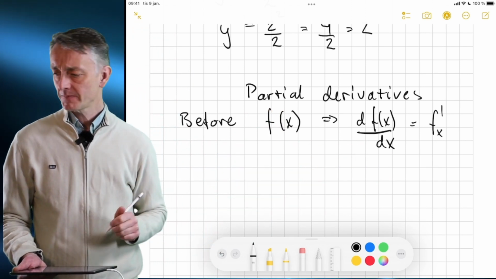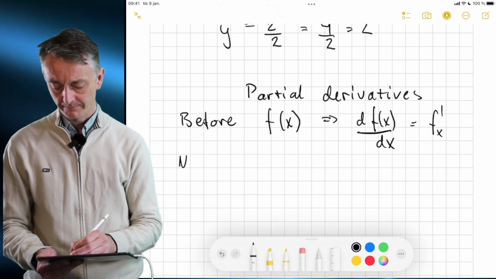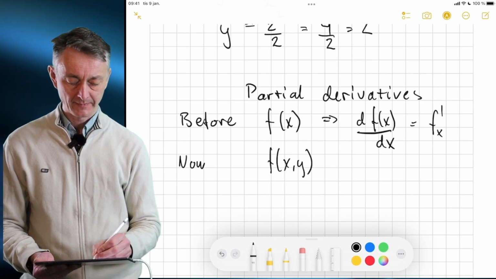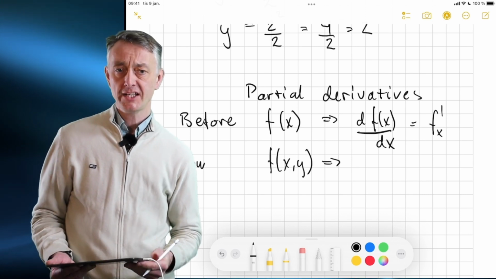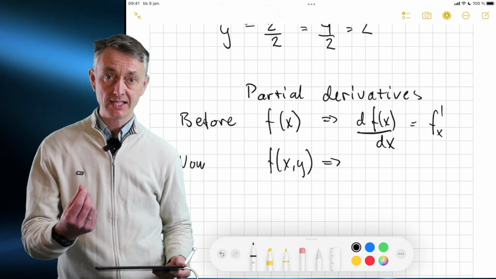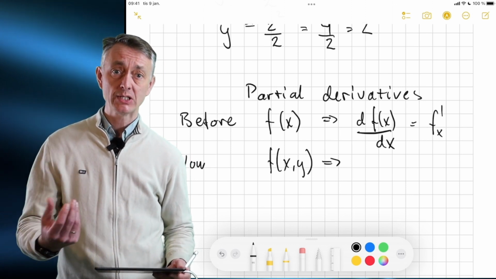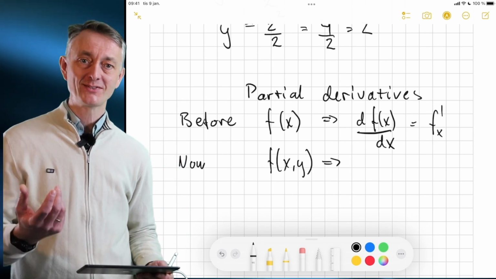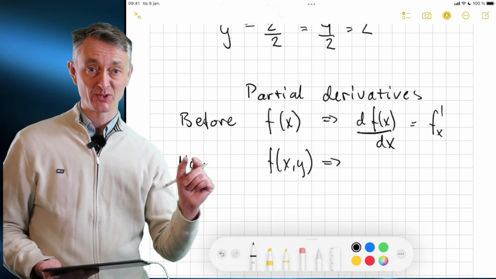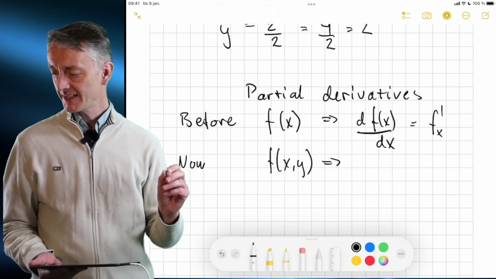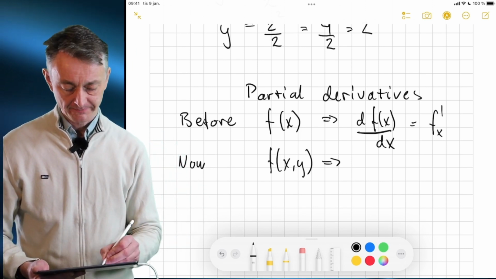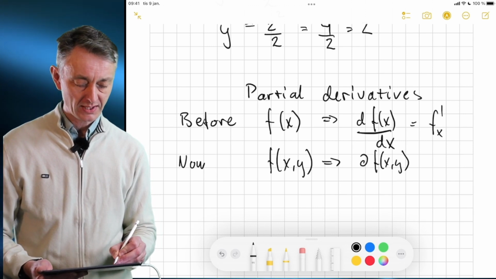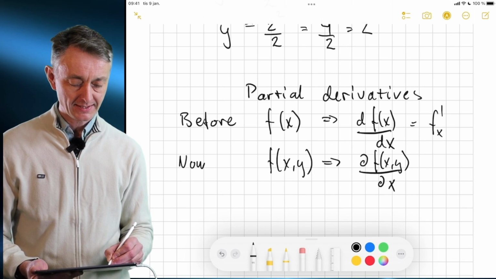Now we have f of x and y. And if we want to take a partial derivative, namely how much will the value of this function increase if I increase the use of only x by one super small unit, it is written like this: ∂f(x,y)/∂x.